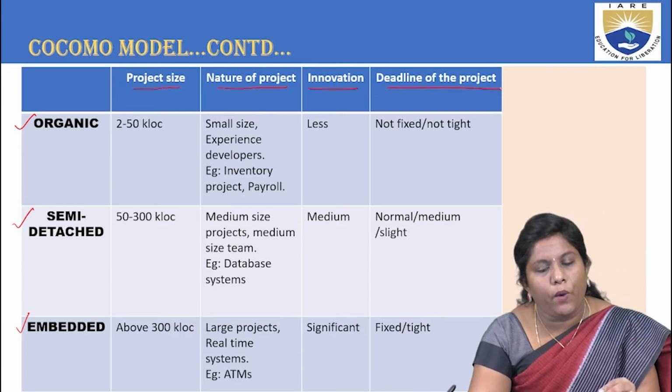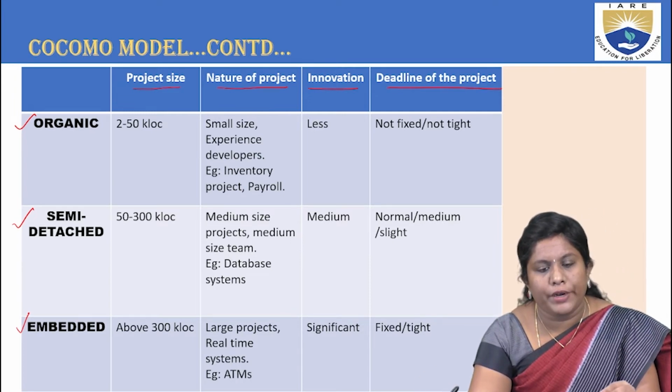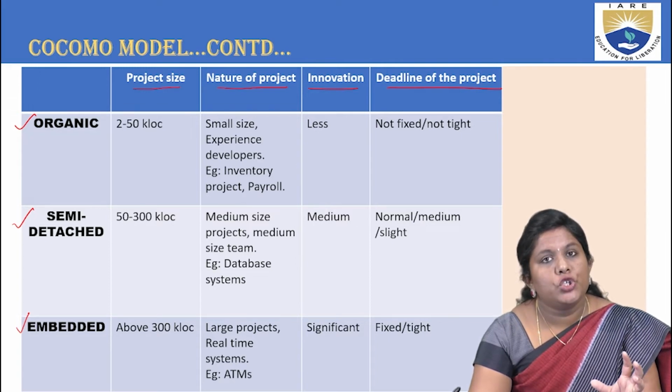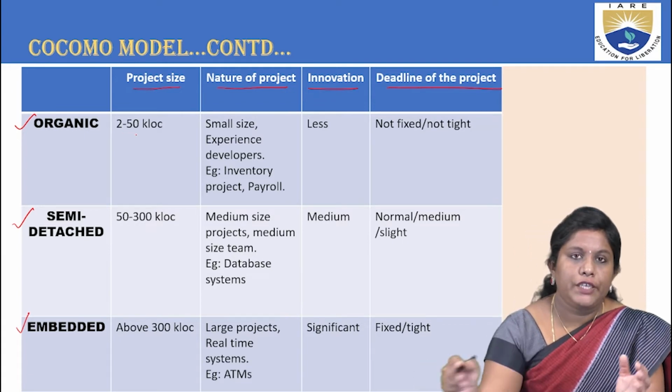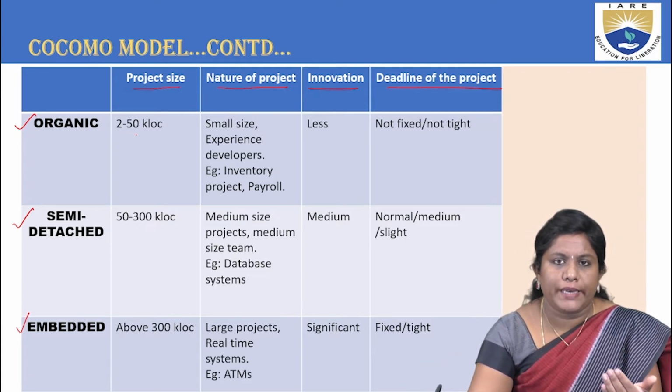When you say organic mode or organic class, it involves 2 to 50 KLOC. That is 2 to 50 thousand lines of code, where K stands for 1000.